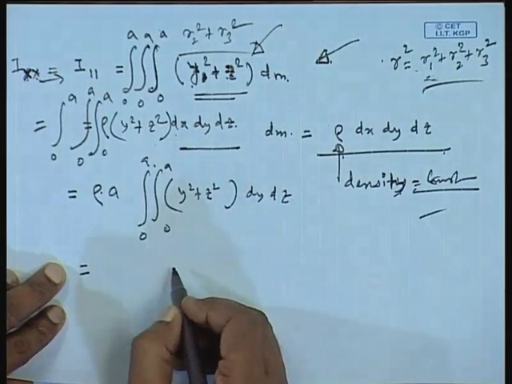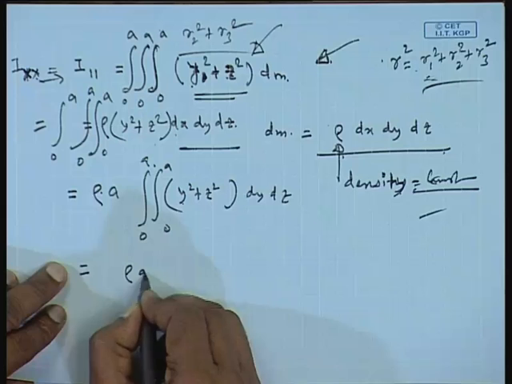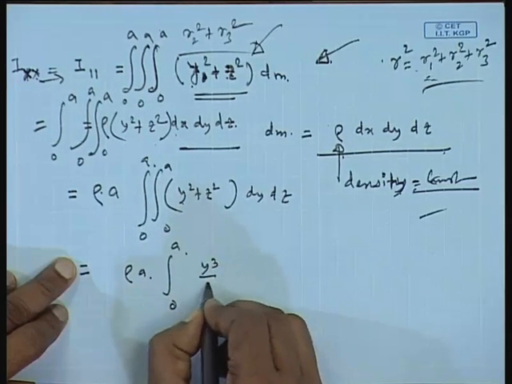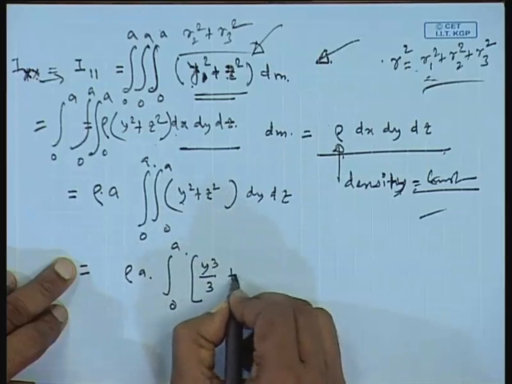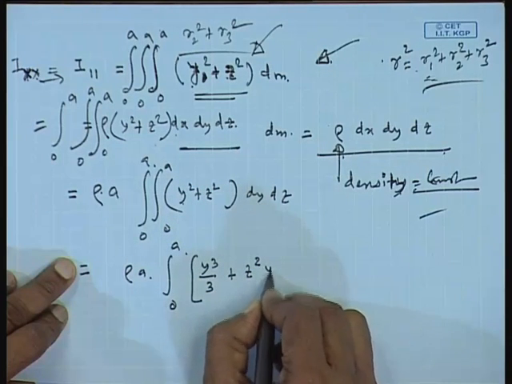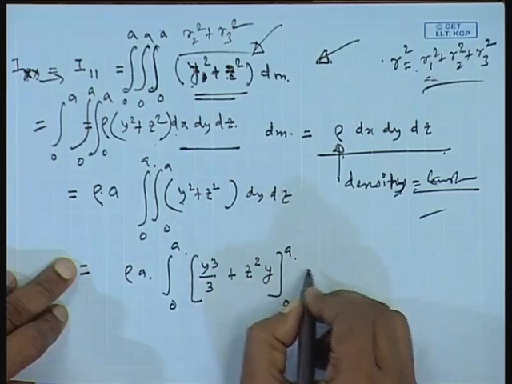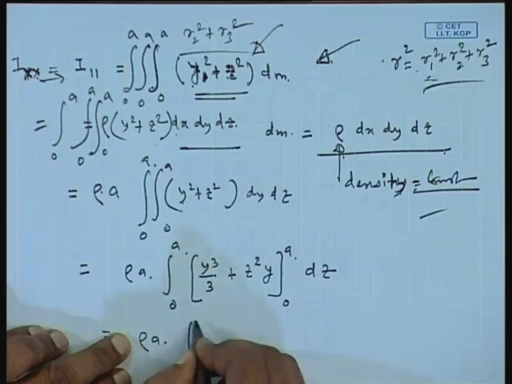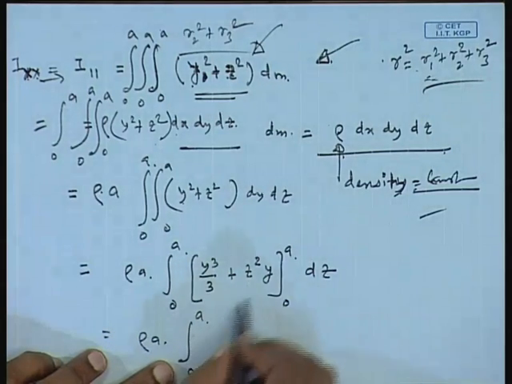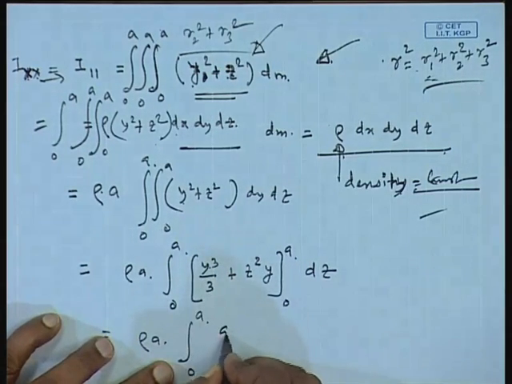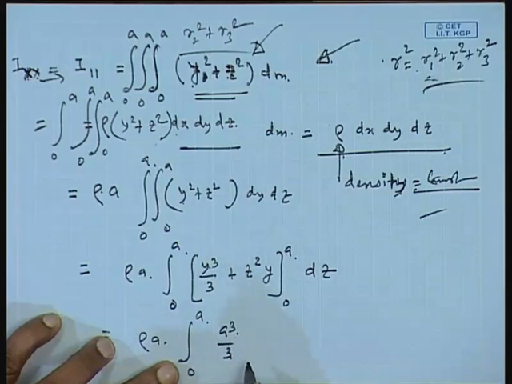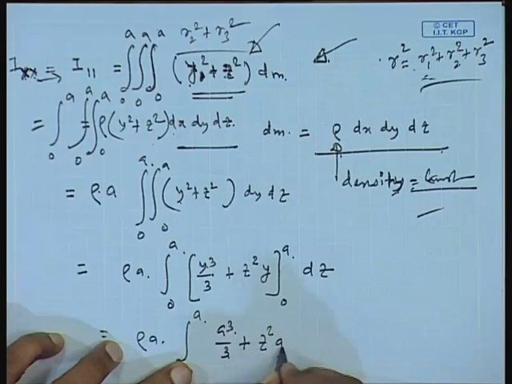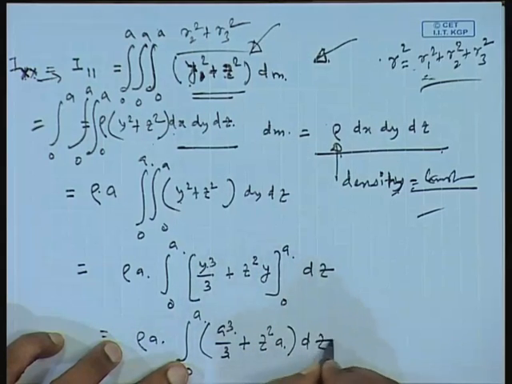Now, let us integrate for y. Rho a, 0 to a, this becomes y cube by 3 plus z square y, 0 to a, dz. By putting the value a in this place, this becomes a cube by 3 plus z square a dz.